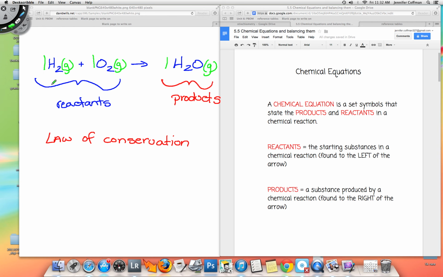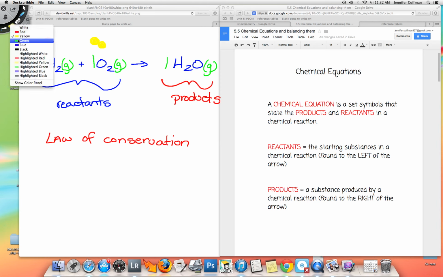Another way to look at this, in case you still don't understand what I just said, is let's say I had hydrogen here, and hydrogen's diatomic, so it looks like that. I have 1 mole of it, so we diagram it as 2 hydrogen atoms just barely touching each other. And I have 1 mole of oxygen, so 1 oxygen. Again, it's diatomic, so I have 2 of these oxygens barely touching each other.